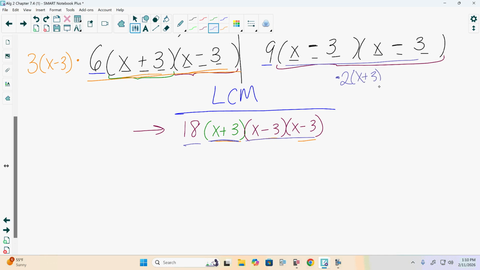So if I multiply it by 2 times x plus 3, they are now both the same, and they are both that least common denominator. Questions on this here? Because the least common denominator is just the expression we need to have so that they would be the same. The first expression that would make them be the same. There are others that could work, but those add other factors.